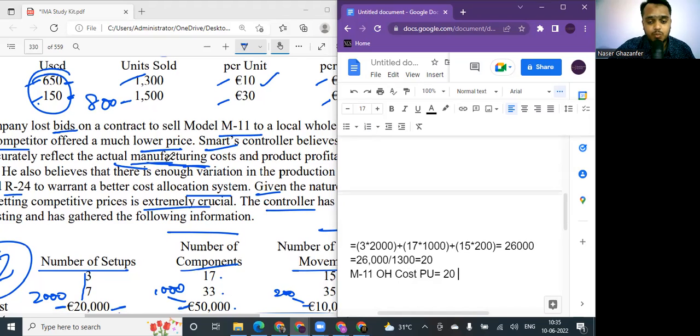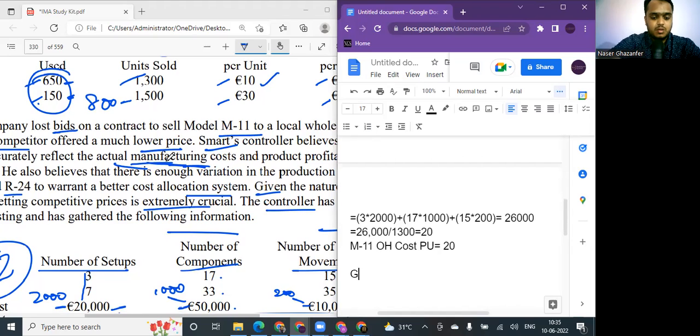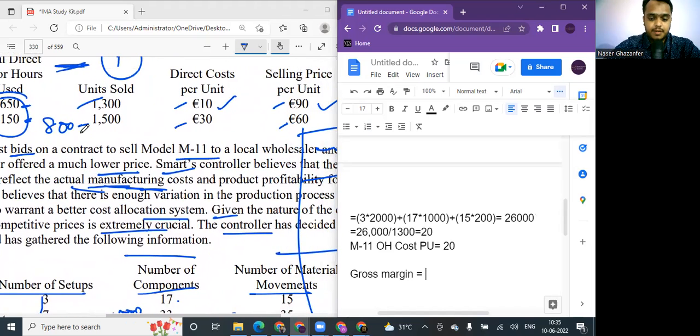Clear? So my gross margin for this would be equal to how much is the selling price? Previously we just did it. 90 minus 10 minus 20 is equal to 90 minus 30.